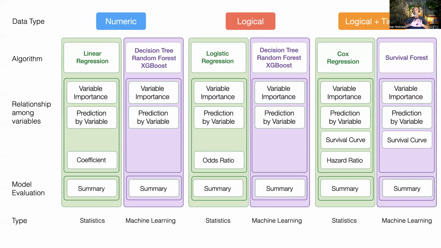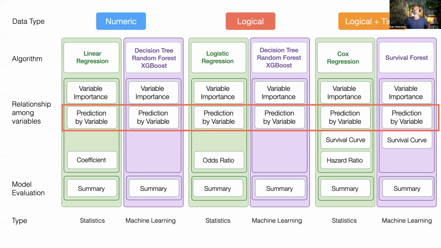And when you look through horizontally, for any algorithm type, you always have the same thing, which is variable importance. That is not just in the statistical model in the green, but also in the purple machine learning. It doesn't matter if the interest is numerical, logical, or time, it's always variable importance.